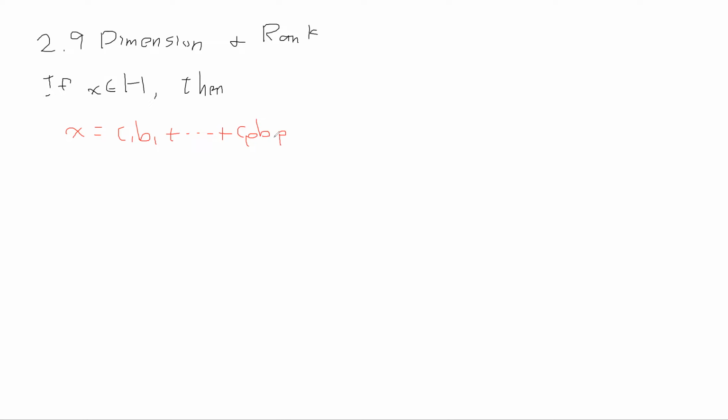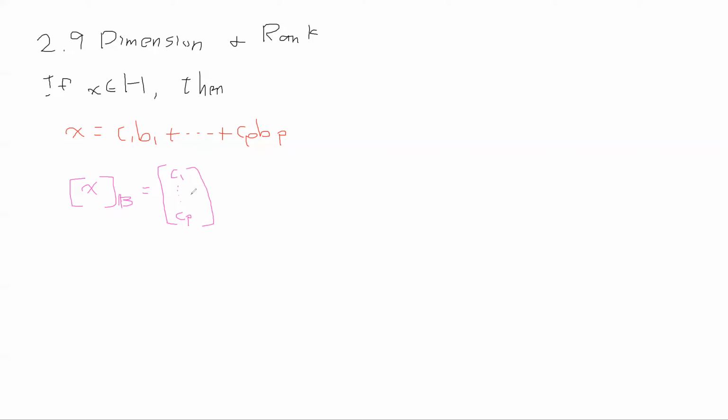Something like that. And to make this even easier, we can also rewrite this as saying that if we want to get the vector x using the basis B, all I need to do is pick these weights, the c1 to cp.